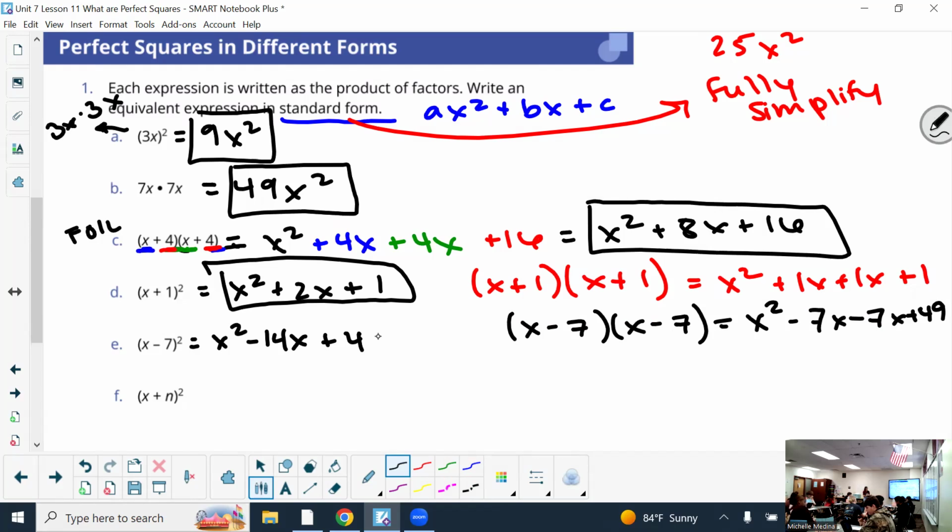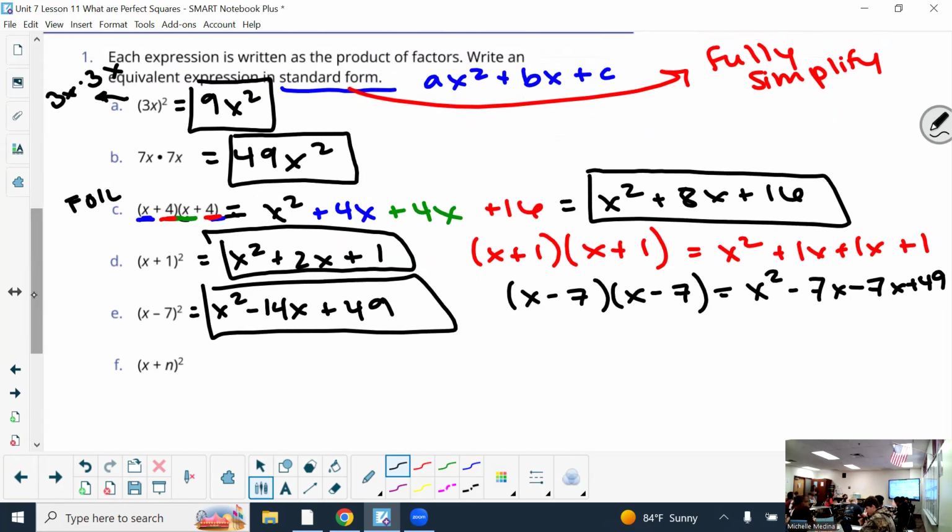Otherwise the rest of it was good. Find like terms right, and make sure to expand it before multiplying it. It should have a 3-term in the end. And then lastly, the one with the variables, still the same process. Table 4, what about this last one?